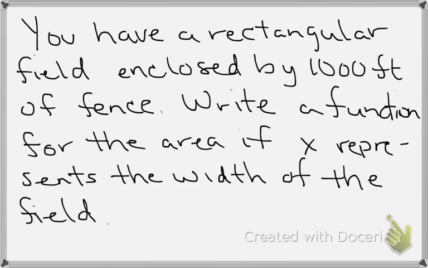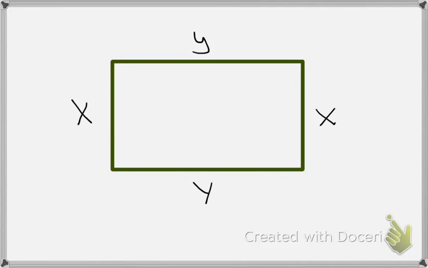So the first part here that we want to take out of the question statement is that we know that we're enclosed by 1,000 feet of fence and that we have a width that we're going to let be x. So let's take a look at that. We have the width of the rectangle is x, the length is y, and we know that if we add up all of the sides, which is a perimeter, 2x plus 2y is equal to 1,000.